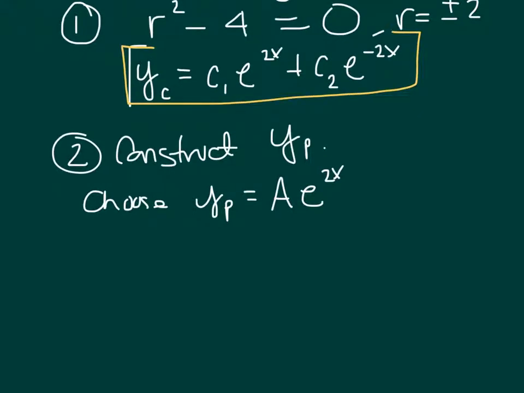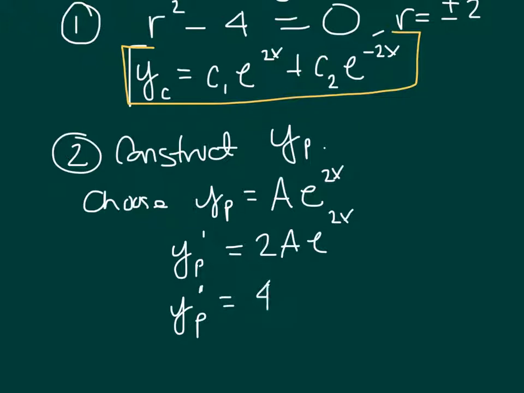So let's find y prime, and that's just 2a e to the 2x, and then y double prime is going to give us 4a e to the 2x.